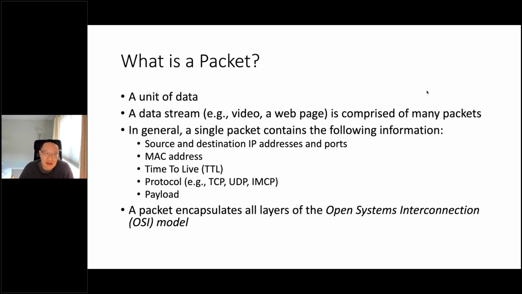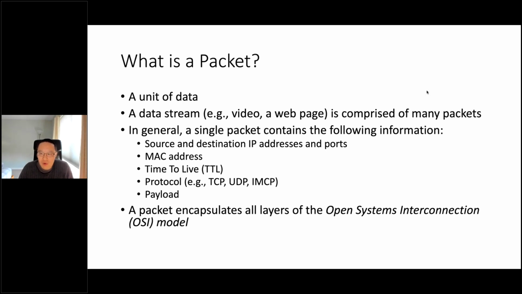A packet in very lay terms is just a unit of data. When you go to a web page, when you stream video on Netflix, when you go on Twitter, when you play online games on an Xbox or a PlayStation, everything that goes from your machine over the network is a stream of data, a stream of packets.